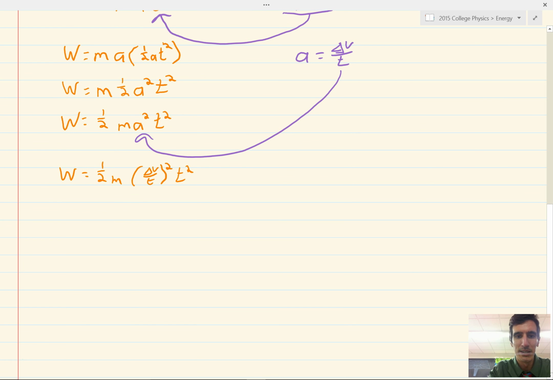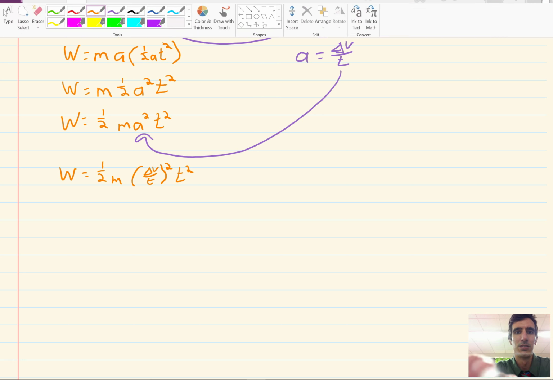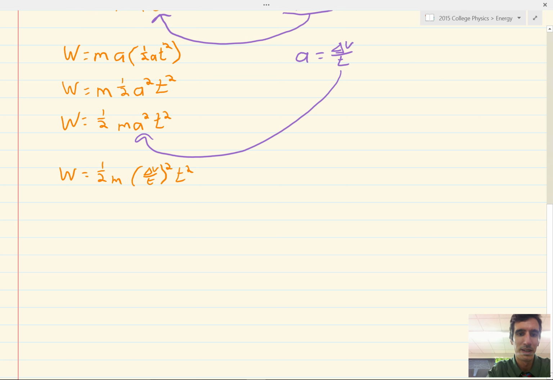So if we expand this squared above, delta v over t, we're left with delta v squared over t squared, and our t's cancel out. So we're left with work is equal to 1/2 m change in v squared.